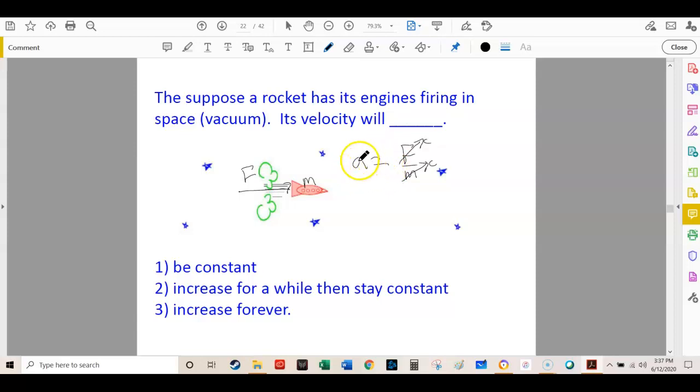Well, what that means is you are going to have a constant acceleration, which means you will have a velocity vector and you will have an acceleration vector. And since those two are constants, your acceleration vector is also going to be a constant. And so you should speed up forever.